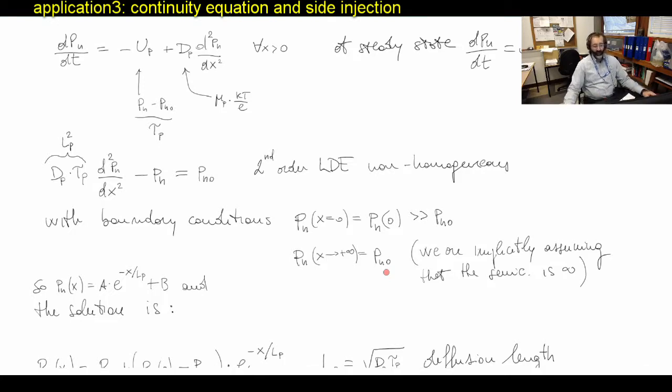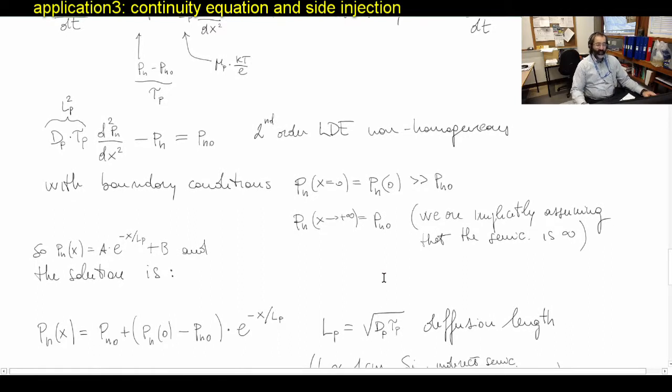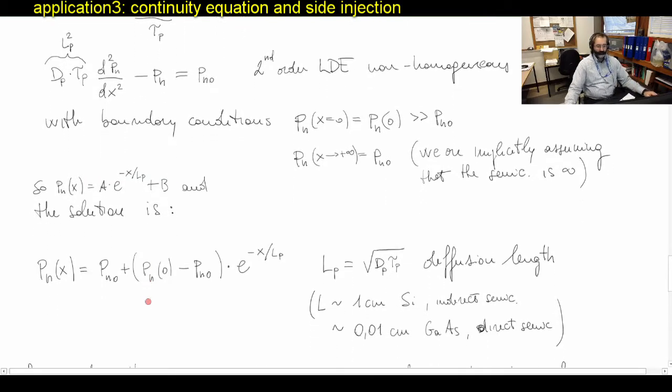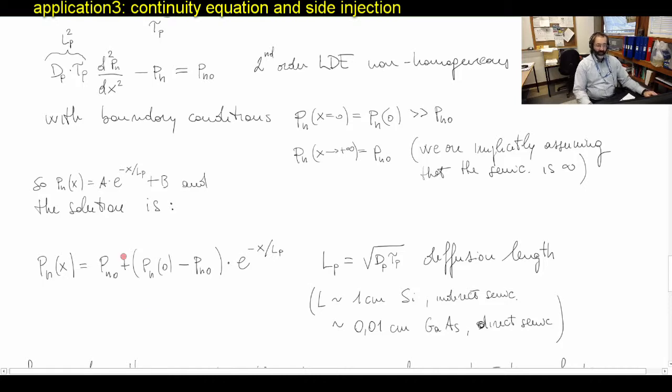Under these conditions, we can demonstrate that the solution to this non-homogeneous equation has this form, and we can find A and B by imposing the boundary conditions. And so we can easily demonstrate that the solution has this form here.